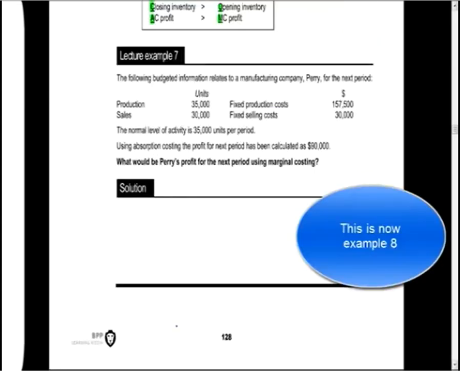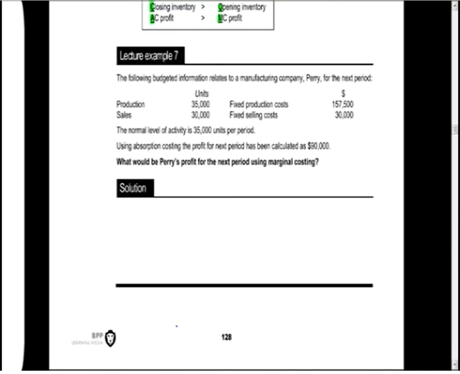So the difference then in profits in lecture example 7 is going to be important because we're given the absorption costing profit of 90,000 and we have to work out what the profit would be using marginal costing. So the difference then is equal to the overhead absorption rate per unit times by the change in the level of inventory.